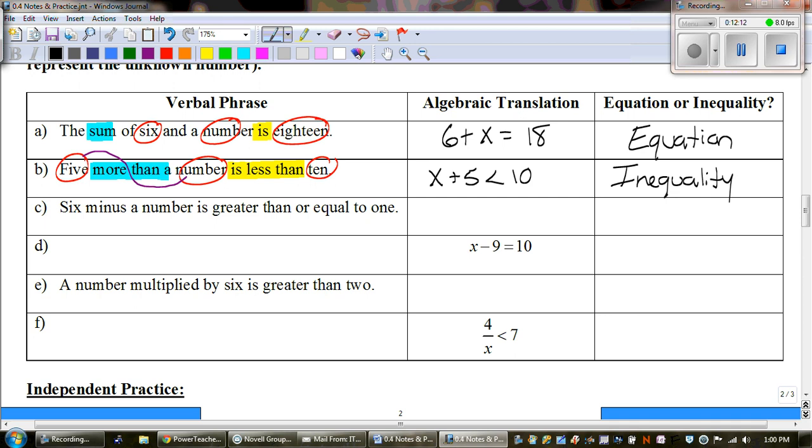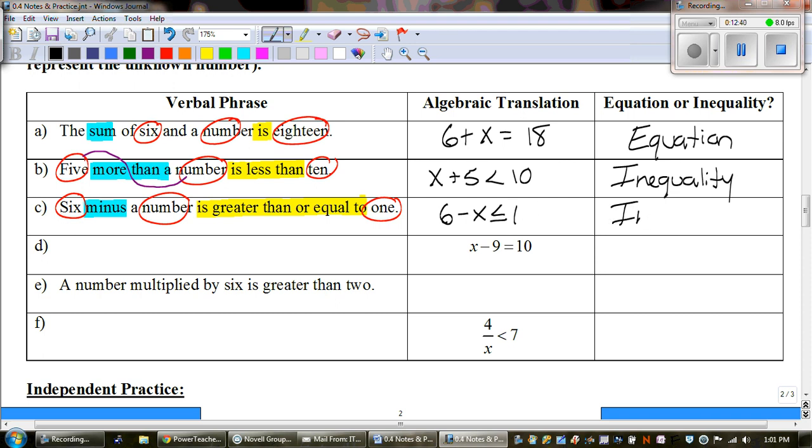Why don't you try C? Okay, hopefully you're writing 6 minus a number is less than or equal to 1.